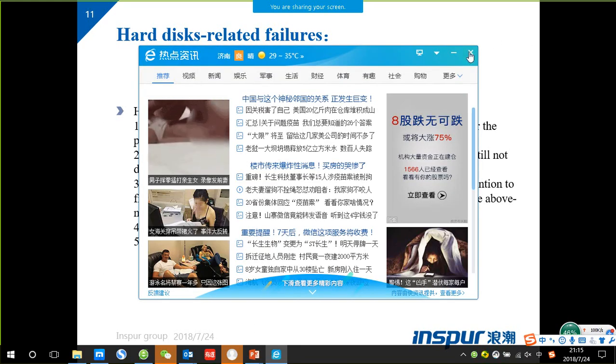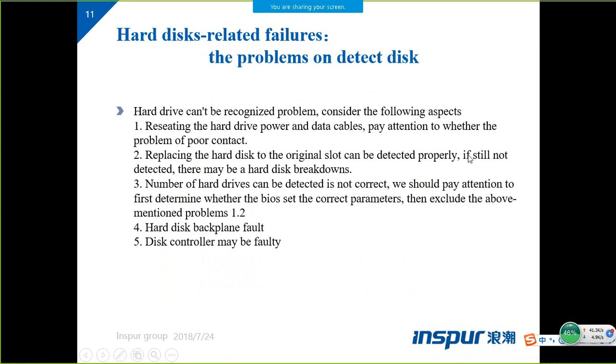You can swap the hard drive from slot 2 to slot 1, and then check to make sure you can see this hard drive from the RAID card. If you can, it means there is something wrong with the slot 2. But if you can't, it means maybe there is something wrong with this hard drive.